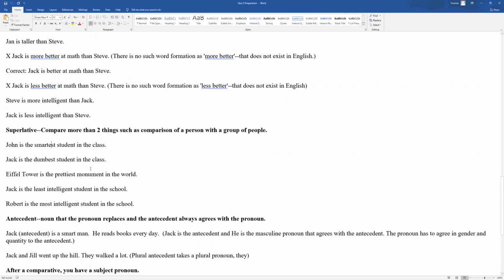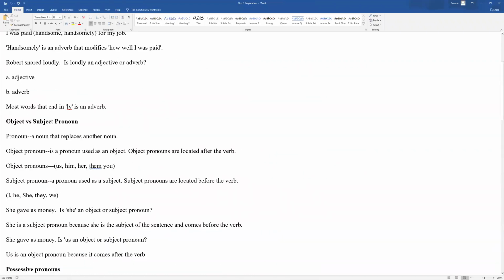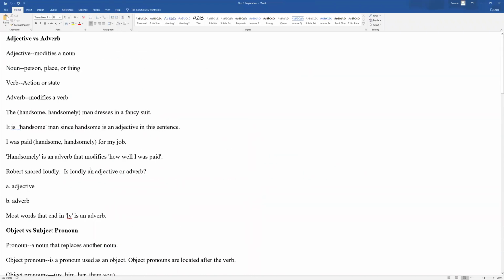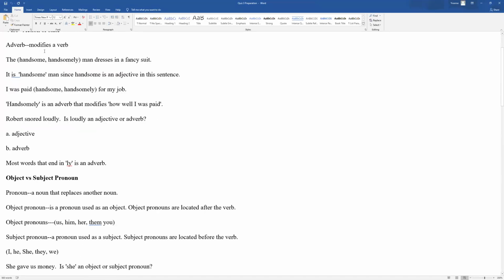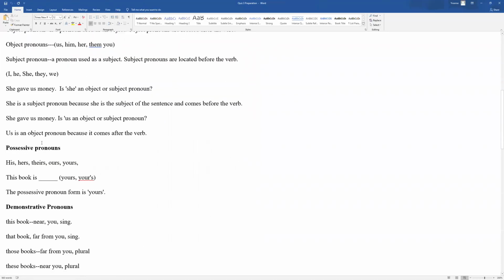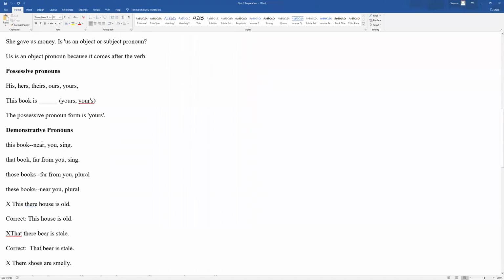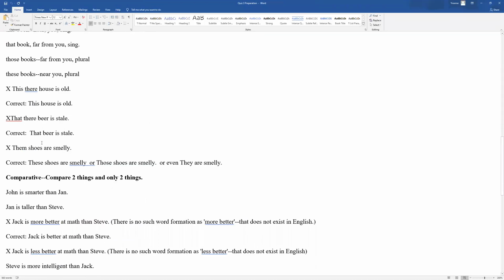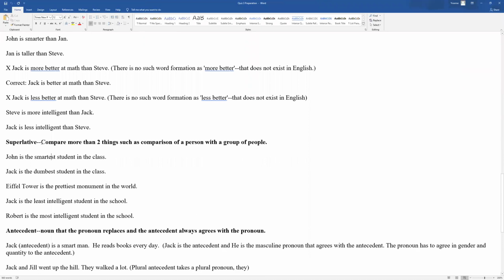That's the review of the grammar rules for this week 3 quiz. And everything in the week 3 quiz has something to do with pronouns. That's the main theme of the week 3 quiz. And you have adjective versus adverb, object versus subject pronoun, possessive pronoun, demonstrative pronouns, comparative versus superlative.